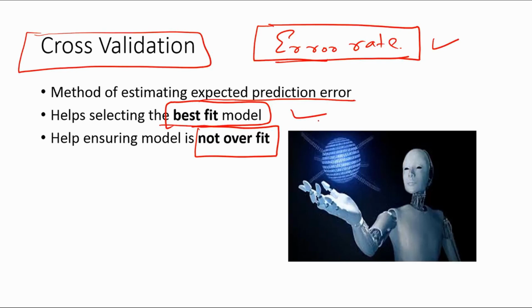Ultimately your model will be implemented to predict values on completely new data, or data that is going to be realized in future. So to ensure that the model is not overfit, cross-validation is done.